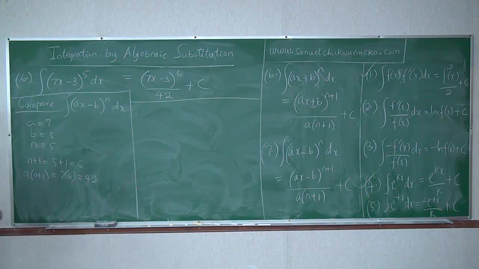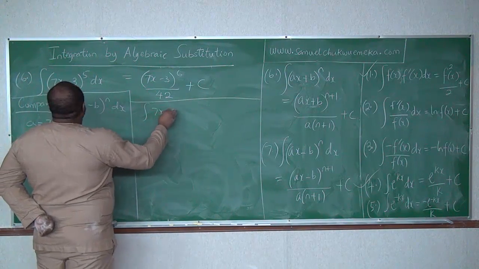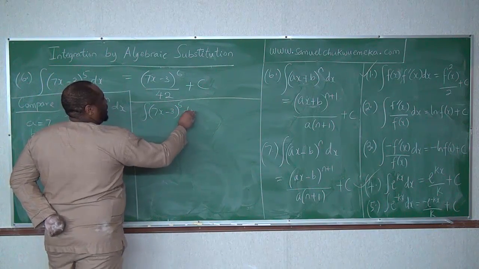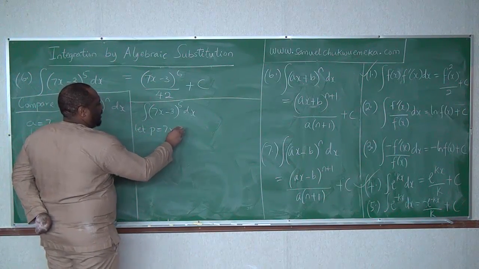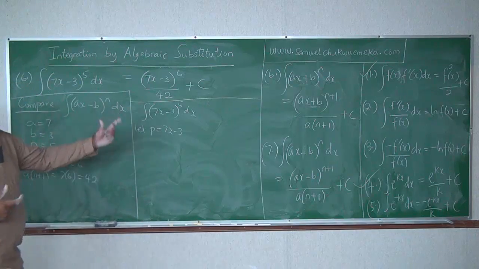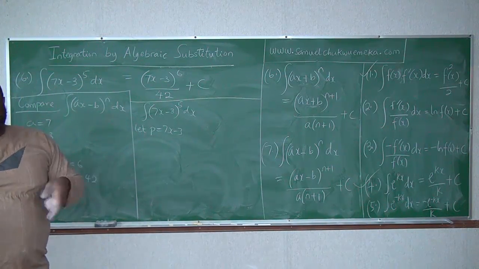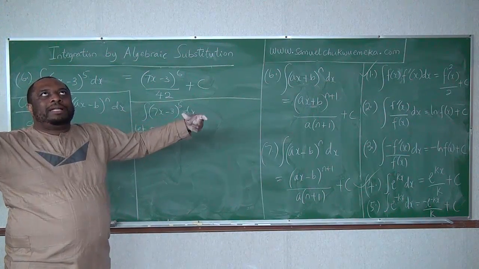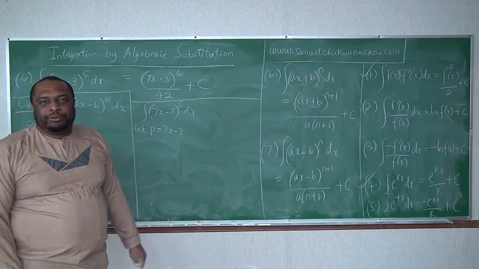So when we have (7x - 3) raised to power 5 dx, we say let p be 7x - 3. Anytime you have something like this, even if they put 2 or 3 here, some people will try to expand the binomial.